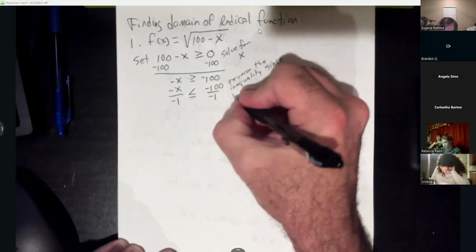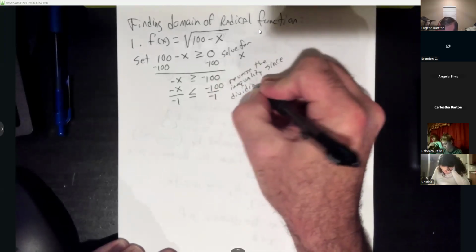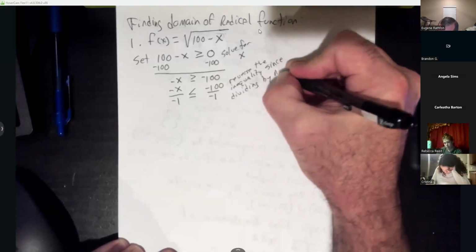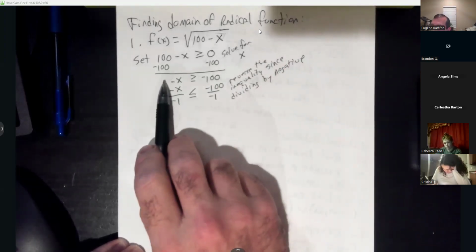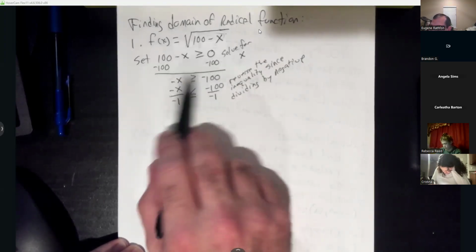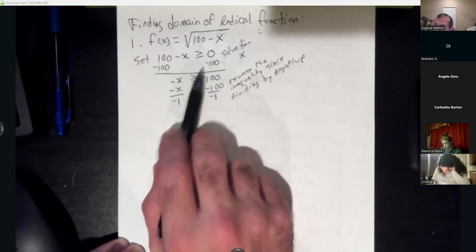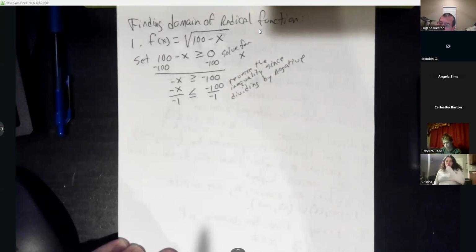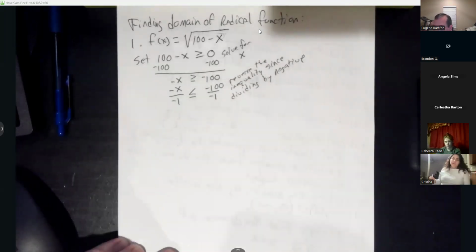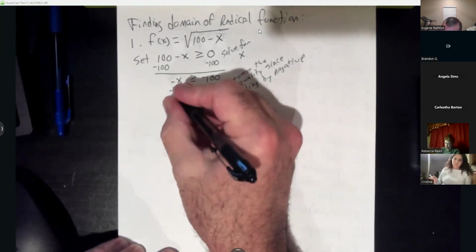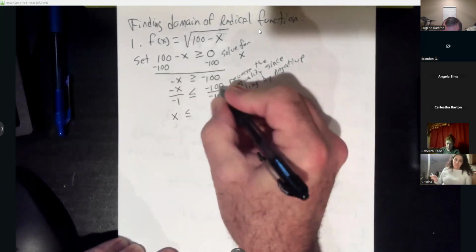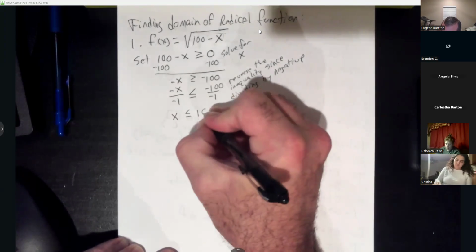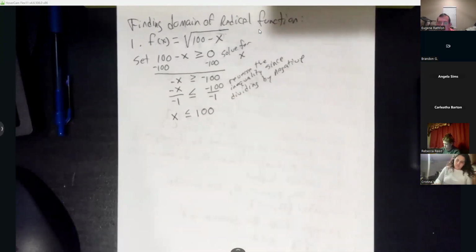Since dividing by a negative number. Now we didn't do it when we subtracted this 100. It don't matter if we're subtracting 100. It matters when we divide this thing, okay? So now that negative divided by negative makes this x is less than or equal, and then that's going to make that a positive 100.